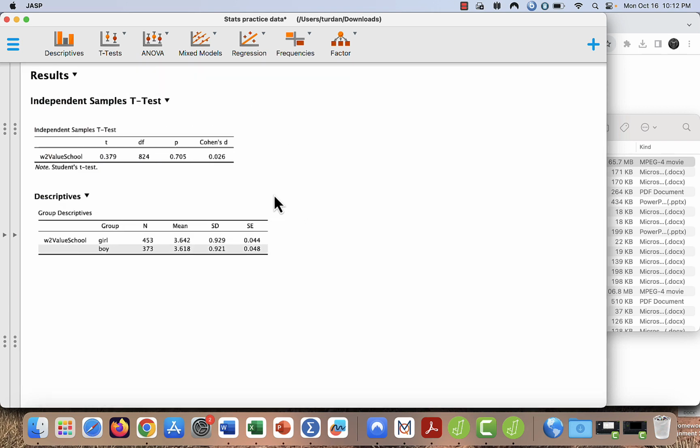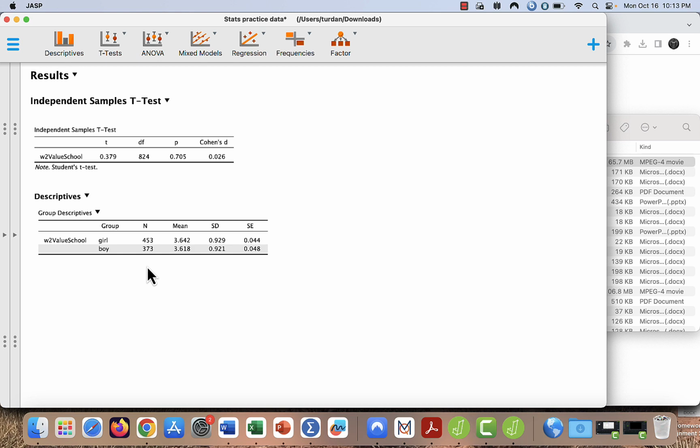Okay, so let's walk through this. First, this is our t-value for our independent t-test. Our degrees of freedom is 824. So that tells us there's 826 cases. And we can look down here at the sample sizes, and if we add those together, it would be 826.